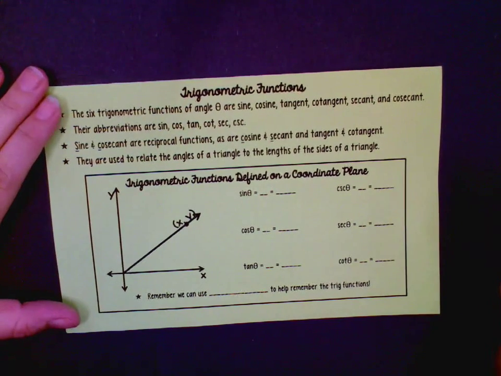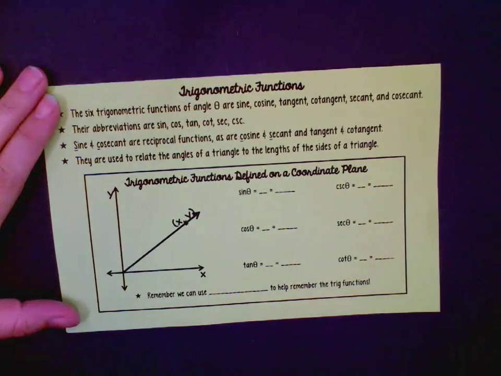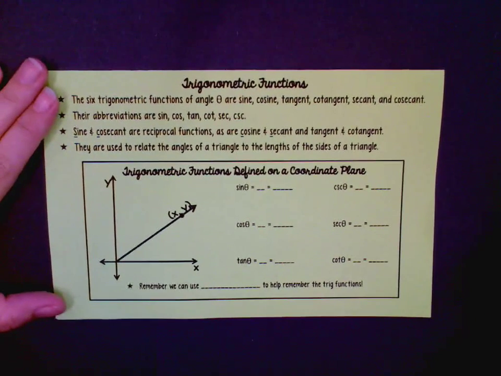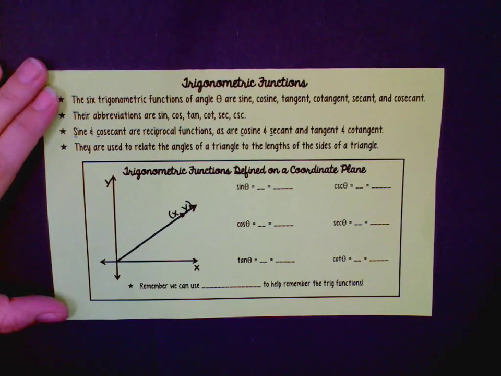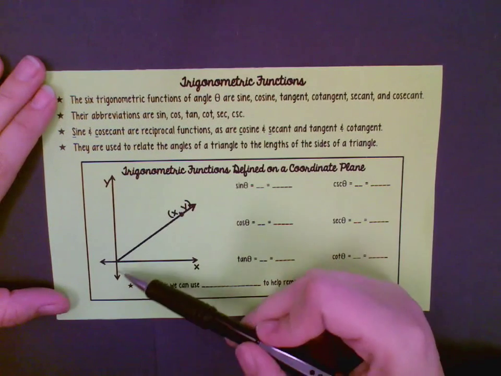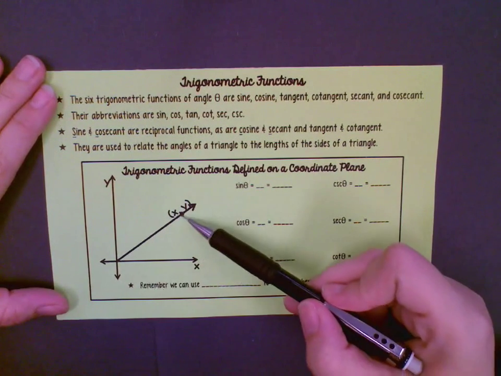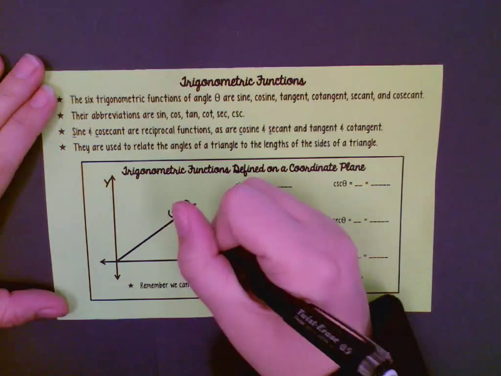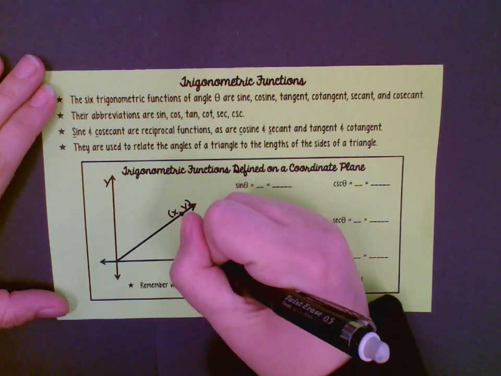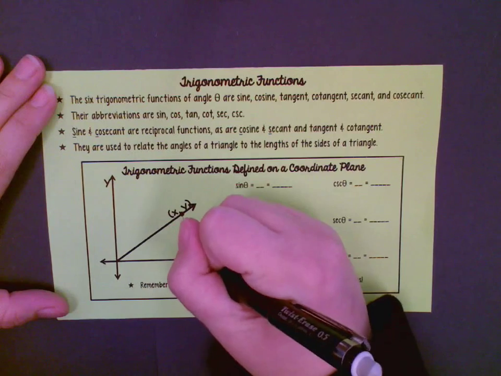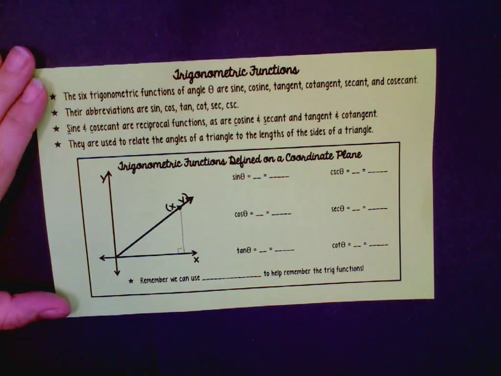Okay, so we use these to relate the angles and the sides so we can find one or the other, depending on what we have. So we're going to define them. If we have a coordinate plane and some point on a ray, x, y, we can drop down a straight line and we'd have a right triangle there.